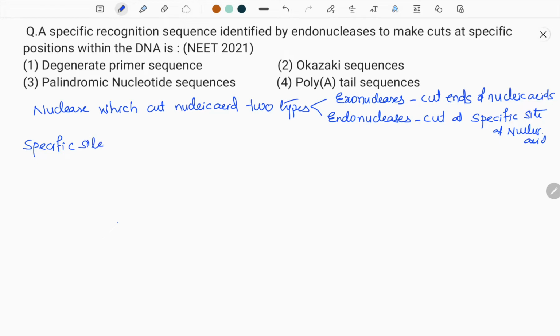Generally the restriction site is also called a palindrome. What is a palindrome? A palindrome is something which is the same when you read it in the opposite direction. For example, I write here Malayalam.